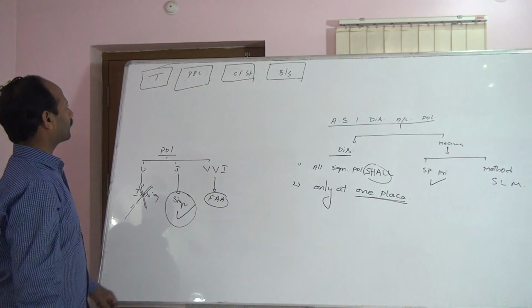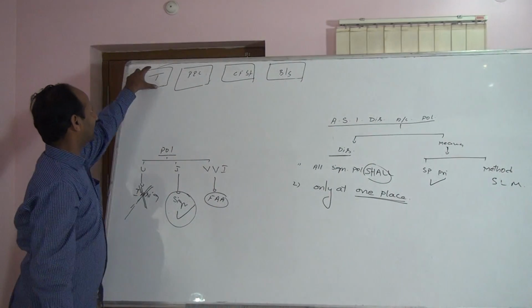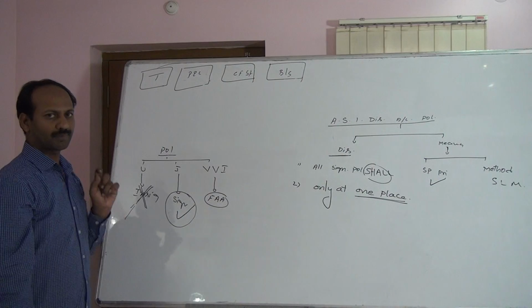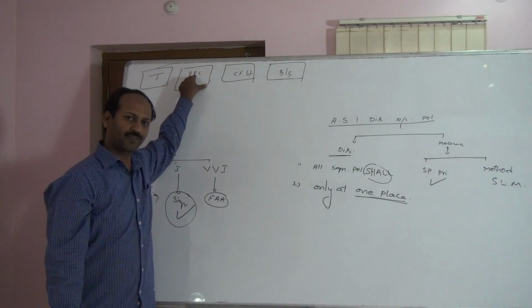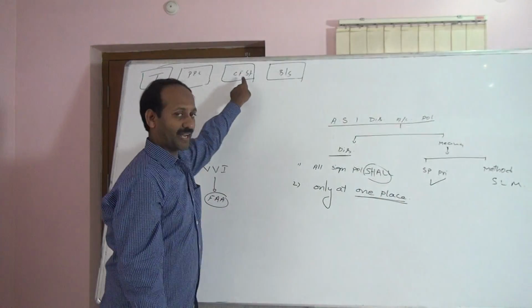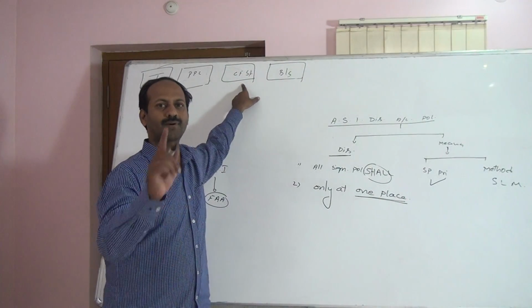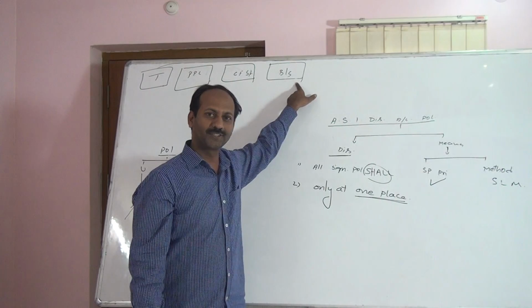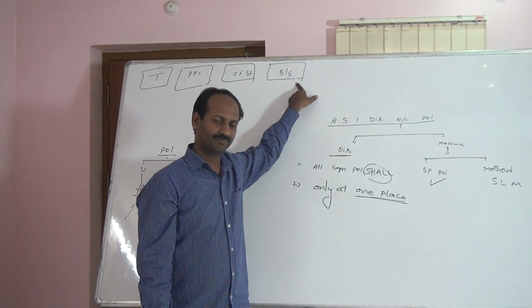Some of the accounting policies may be relevant to trading account, some relevant to profit and loss account, some relevant to cash flow statement, some relevant to the balance sheet.